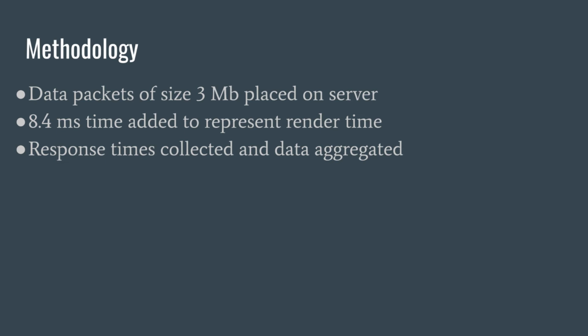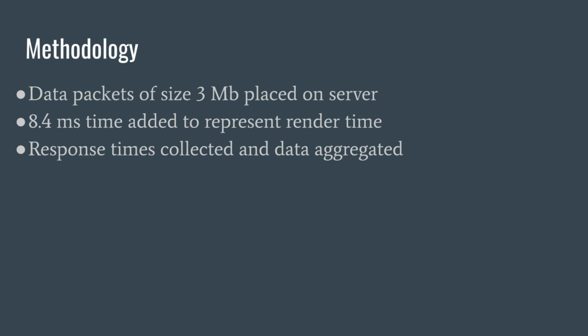Local machine testing gave us a render time of 8.4 milliseconds, well within the 11.1 millisecond delay required to properly render at 90 frames per second. So we will use this as an approximate render time. To represent this render time, the script, running Python on the California server, will wait 8.4 milliseconds after receiving a ping from the local machine before sending one of the 4 megabyte packets back. Response times are checked and the data is aggregated.